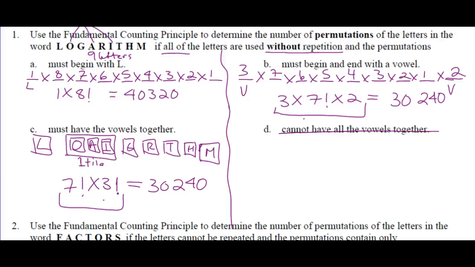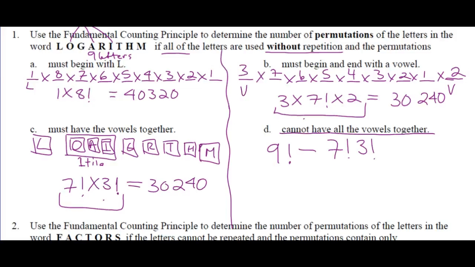Cannot have all the vowels together. Okay, so we did stuff like this. It's going to be 9 factorial, which is there is no restriction, minus 7 factorial times 3 factorial. To try and do the ones where you can't have the vowels together, there are too many possibilities.